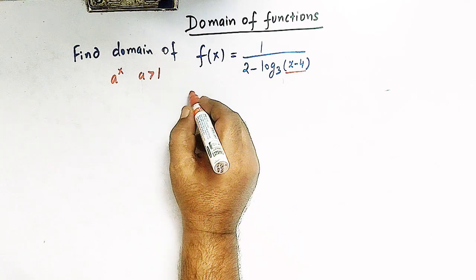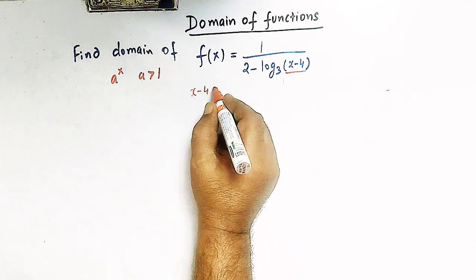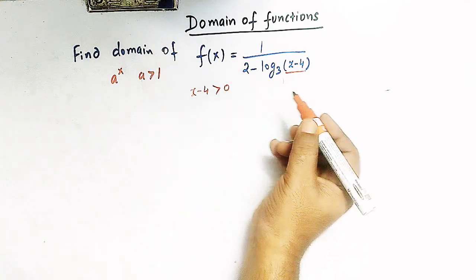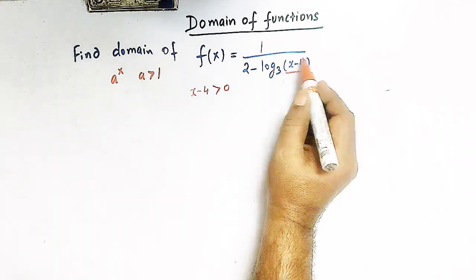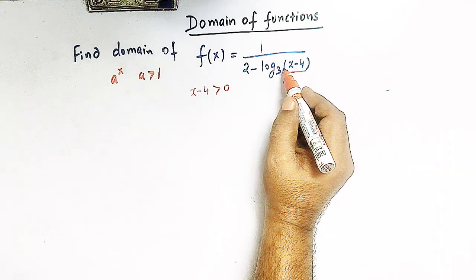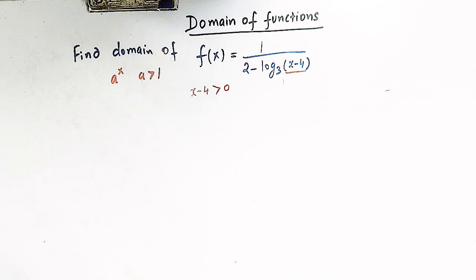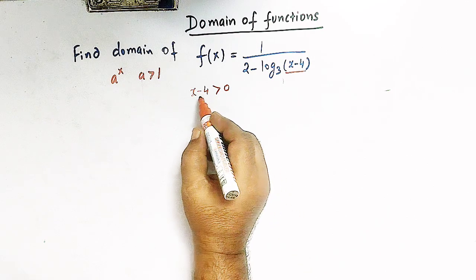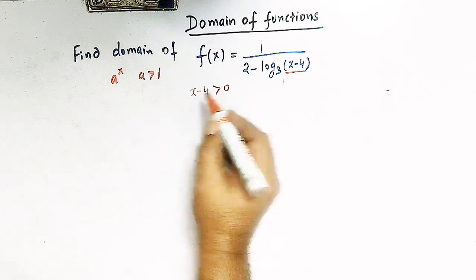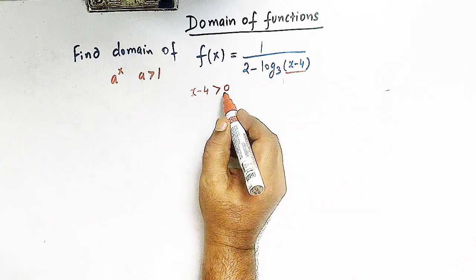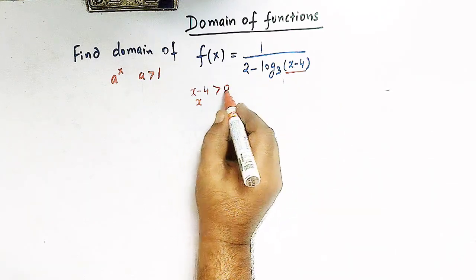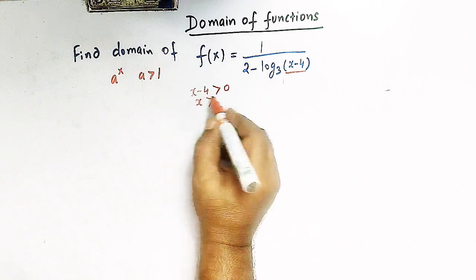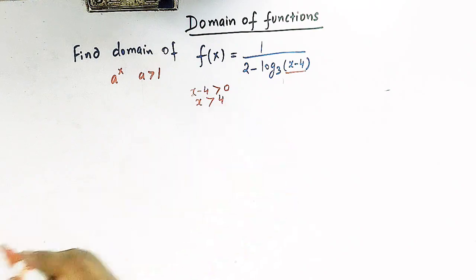So x minus 4 must be greater than 0, because the logarithm of negative quantities is not defined in the set of real numbers. In other words, x should be greater than 4.